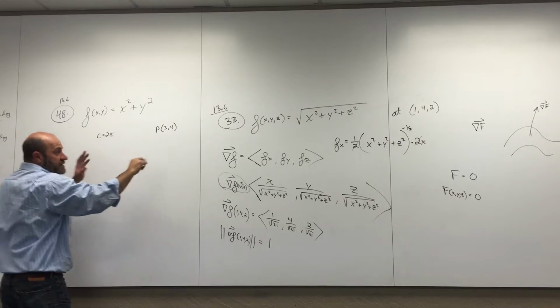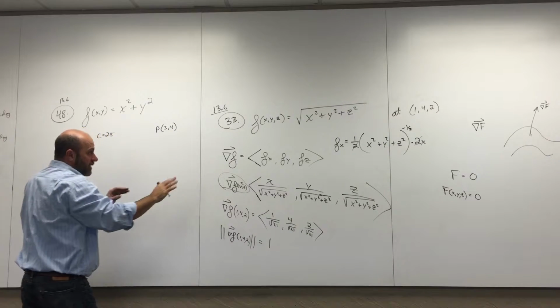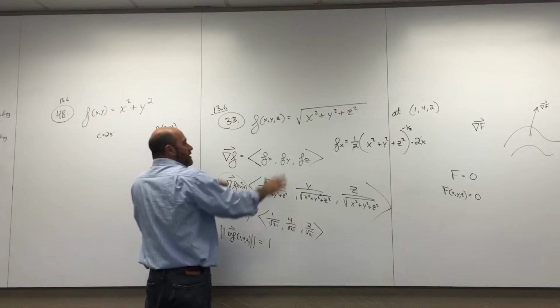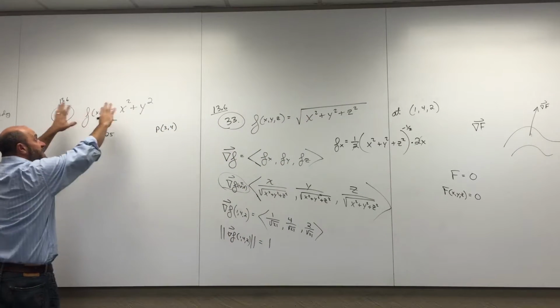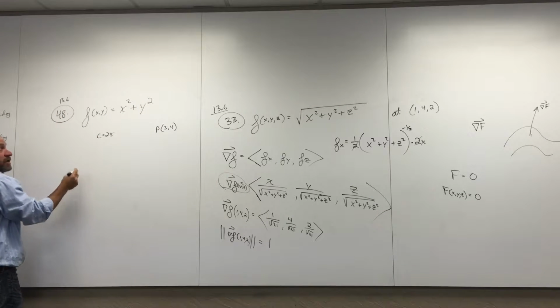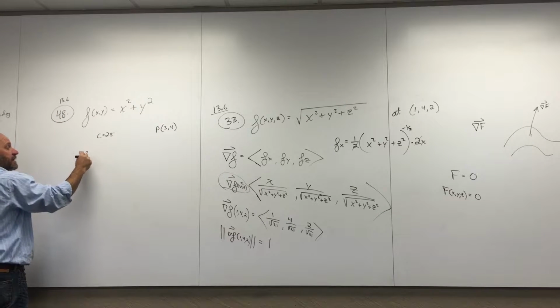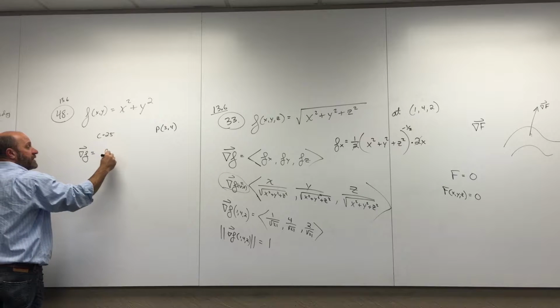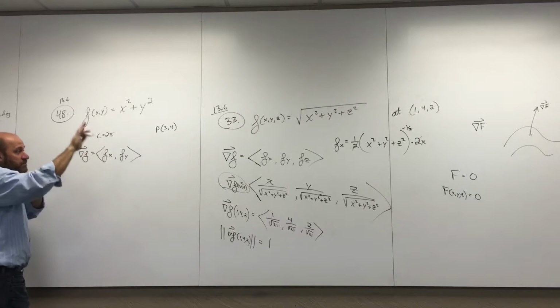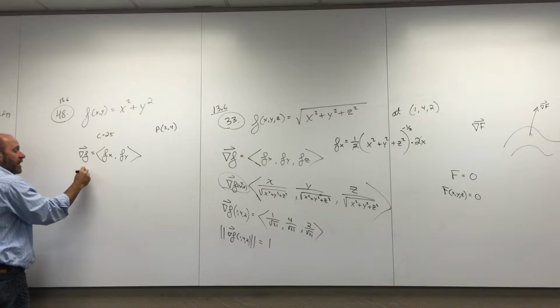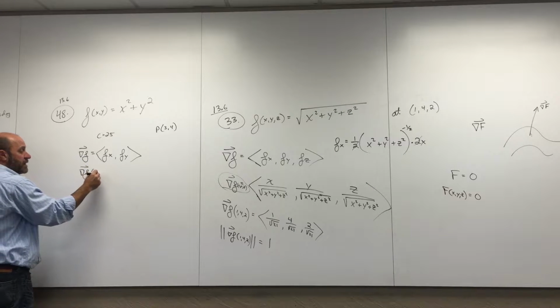Now we're back to 2D instead of this weird 4D function with a 3D gradient. This is a 3D function. It has a 2D gradient. It is fx, fy. It points in the direction of maximum slope. In general, it would be pretty easy.